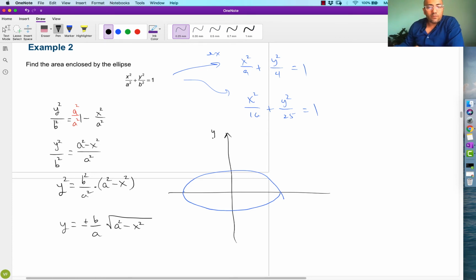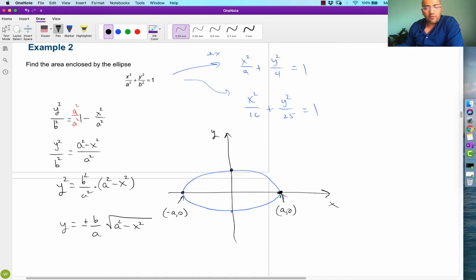This is going to be y, this is going to be x, and we know that it's going to be a value there, which is associated with the value here, a. So this is going to be equal to a comma 0, whereas this one is going to be equal to negative a comma 0. Okay.